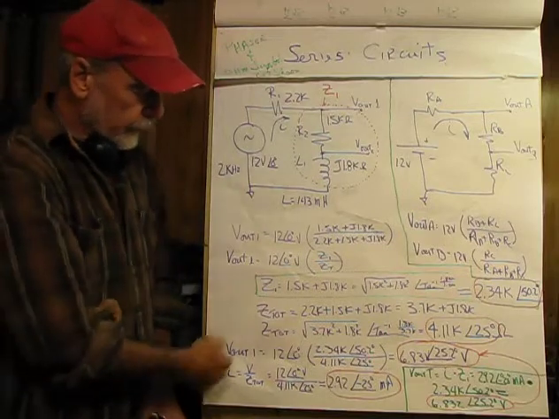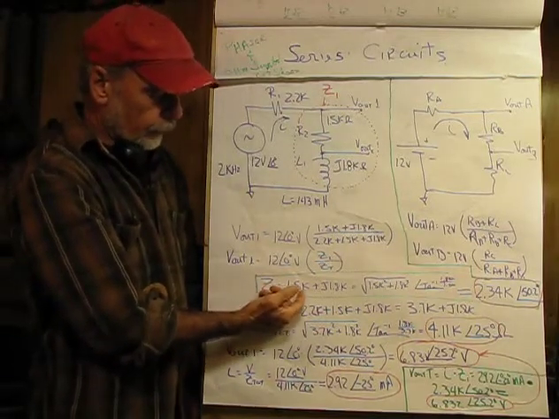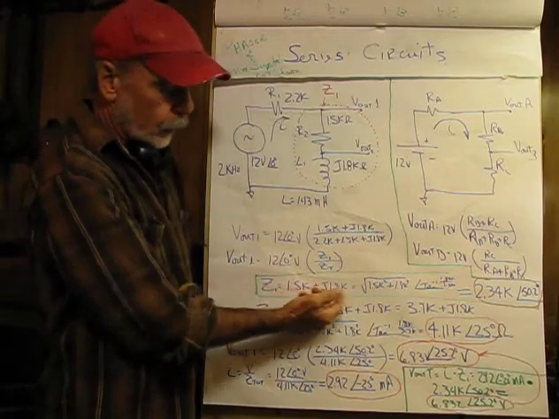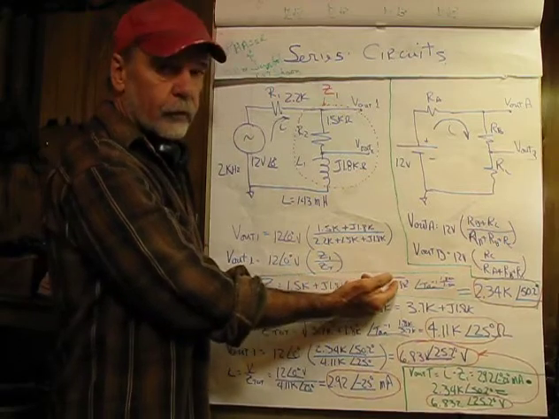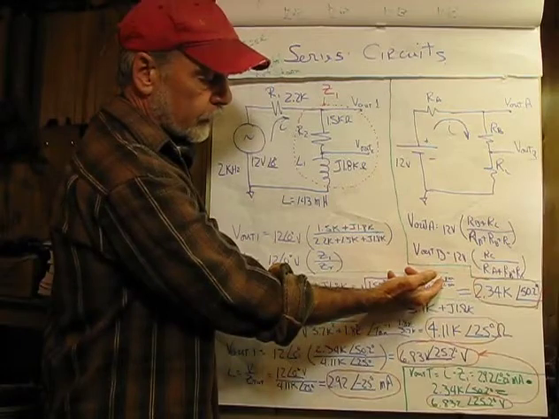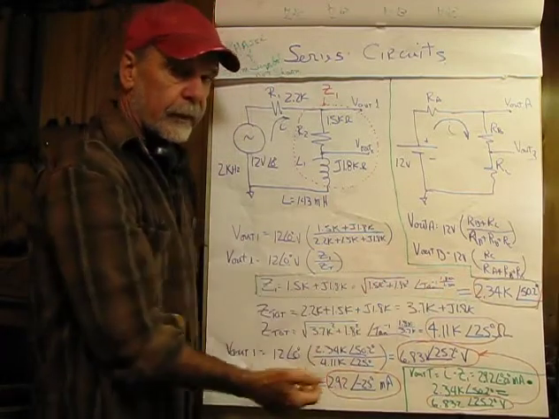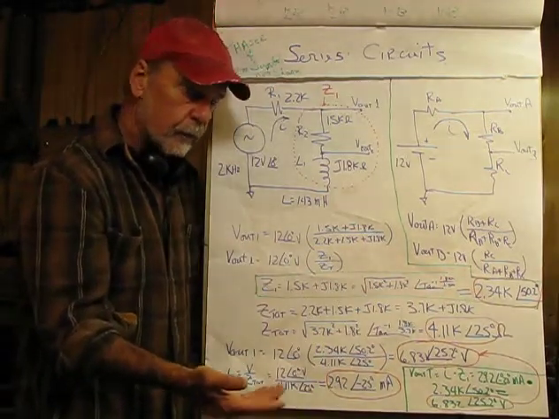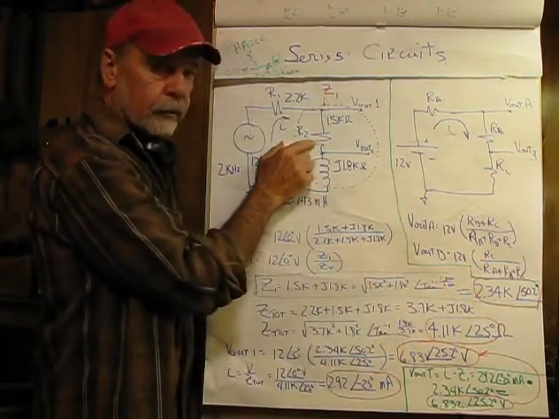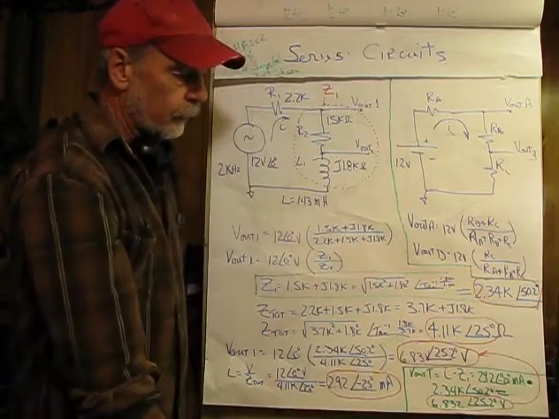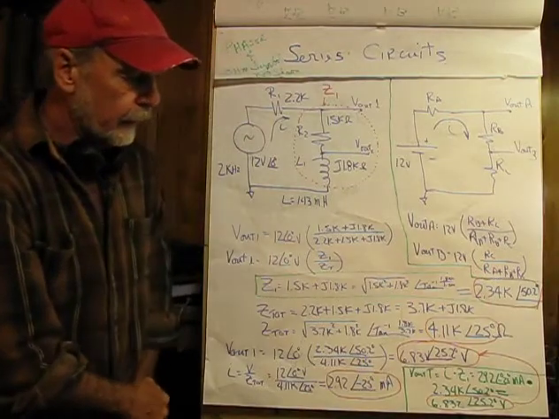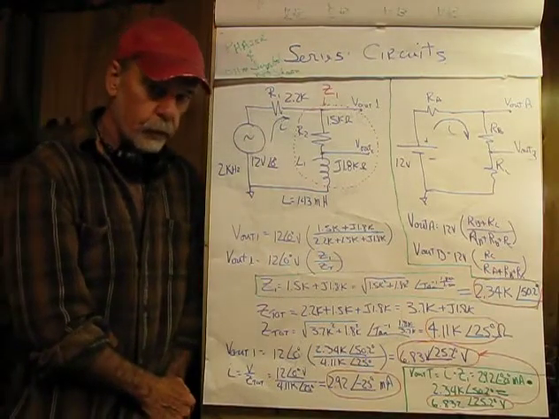Z1 in rectangular form is 1.5K plus J 1.8K, and converting that to polar is the square root of the sum of the squares, and then the inverse tangent of the J value, positive J 1.8K, because this is an inductor, divided by the resistor here, because all we want here is Z1. That comes out to give us in polar form 2.34K at 50.2 degrees.